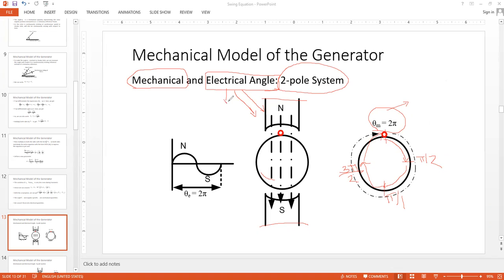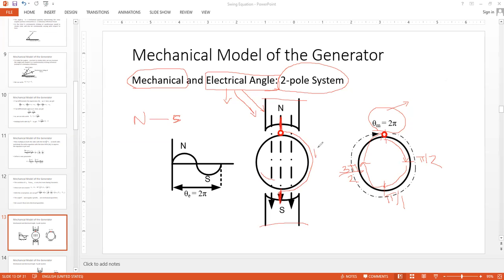In the electrical measurement, from any north pole to south pole, symmetric locations, we take the center of the north pole as a reference point, and we measure the distance of the object up to the center of the south pole.